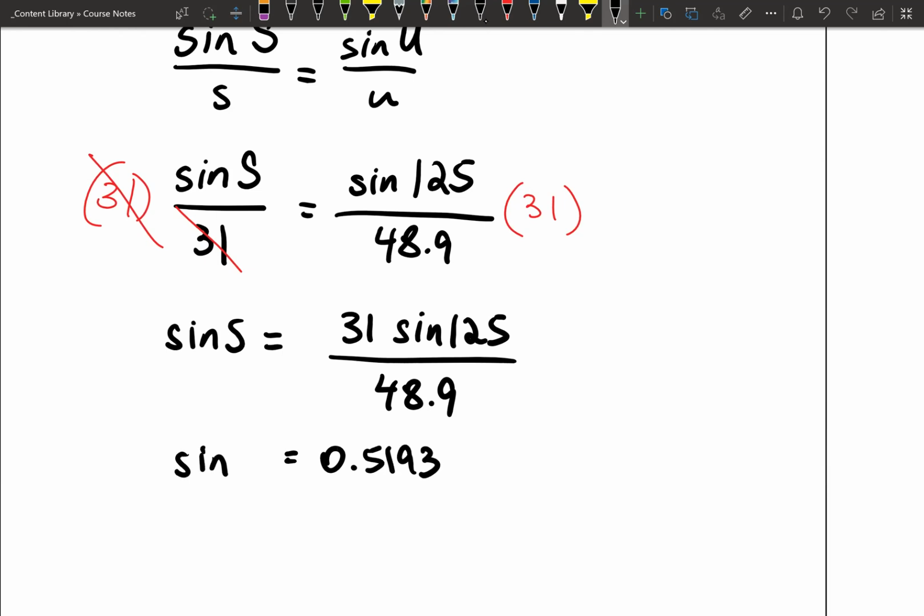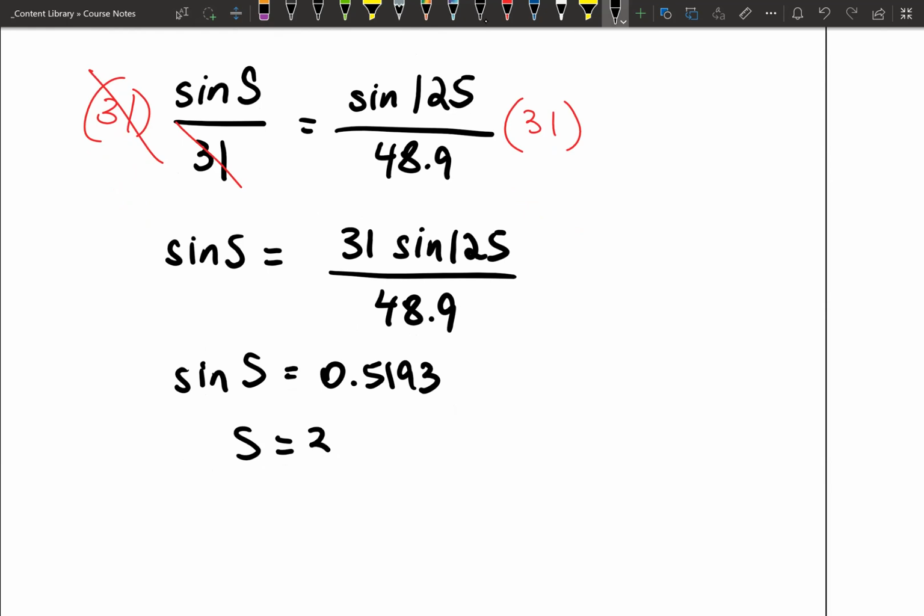And that's sine of S. And remember what to do to get the angle S? You take the inverse sine of 0.5193. Okay, and that's going to be 30.something. Let's round that to 31 degrees. So there's the one angle.